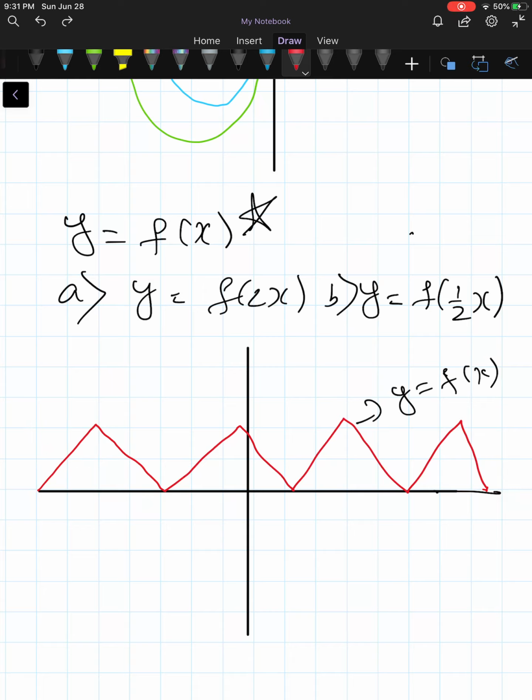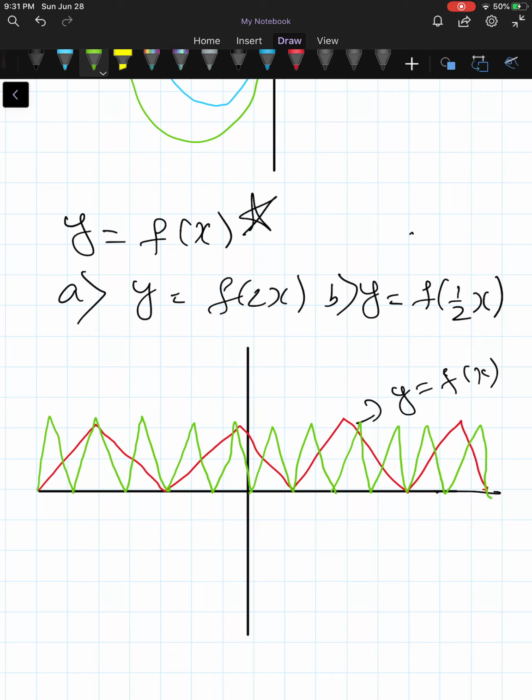The functional values will not change, but the zigzag format will look closer together. So you are shrinking because your c is greater than 1, that is 2. So this green one represents y is equal to f of 2x.